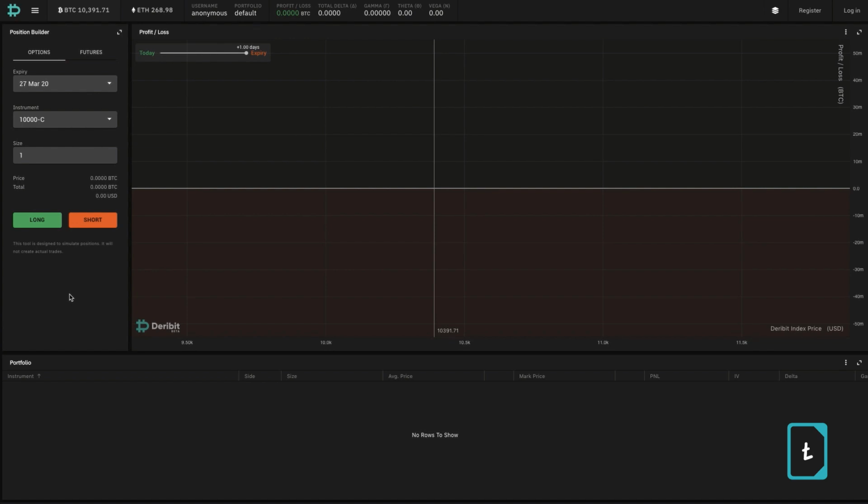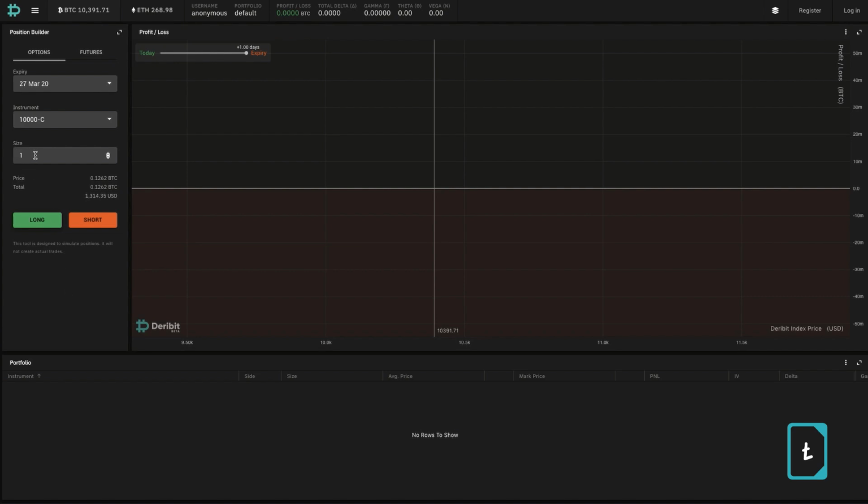The strike price is the instrument. This is a $10,000 call, so even though the price of Bitcoin is $10,400, this is close to at the money, meaning the contract that you pick is roughly the same price as the current price of the asset.